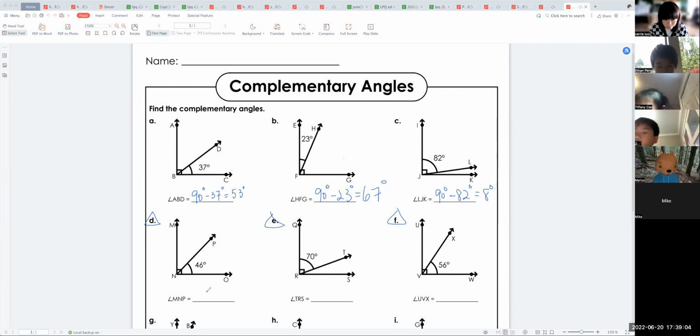First question equals 44. Very good, 44 degrees.